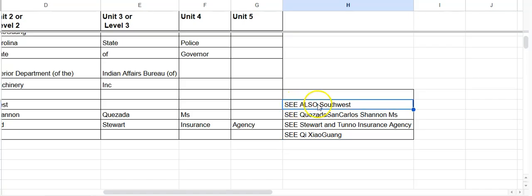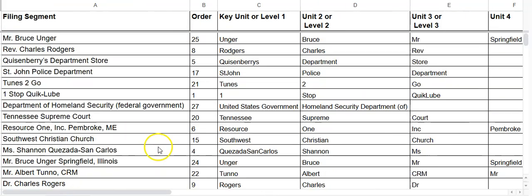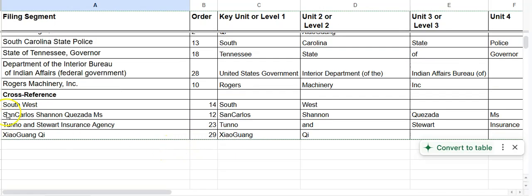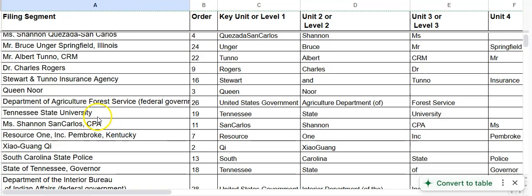So it's going to say See also and then Southwest without a space in between. And for similar names such as this, we only include that direction, such as Southwest. We don't include the entire business name. That's because this cross-reference covers any business which might have a space in between or that can be confused with a business name that doesn't have a space in between.